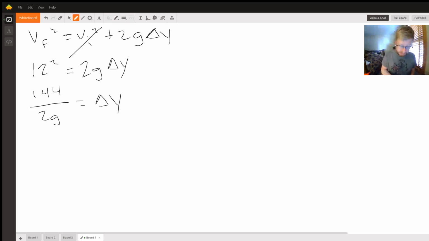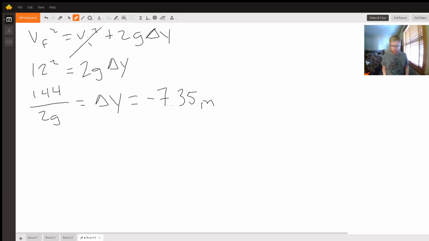And plugging that in gives me negative 7.35. So it's fallen 7.35 meters, and don't forget our units, meters. Obviously, this one has a negative sign in it. That just means it's going down.